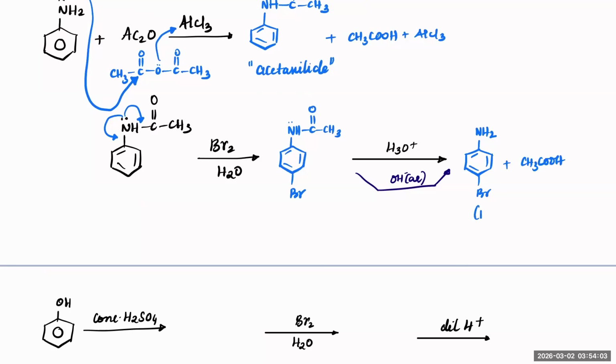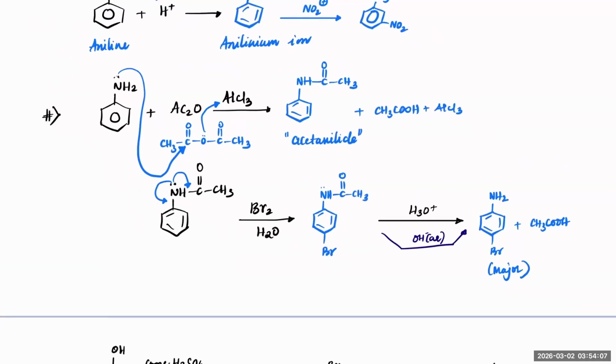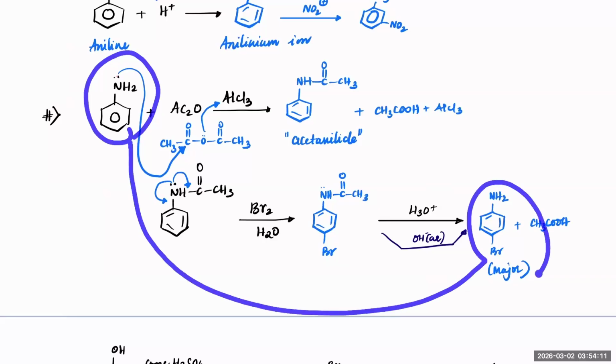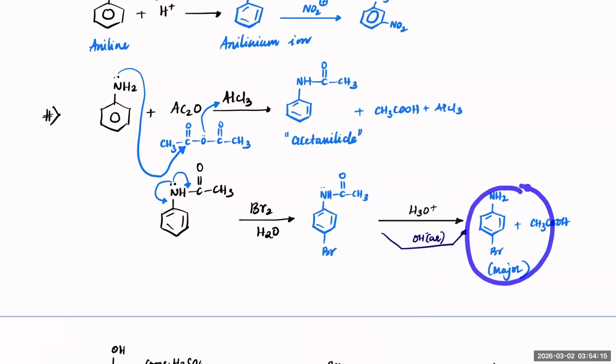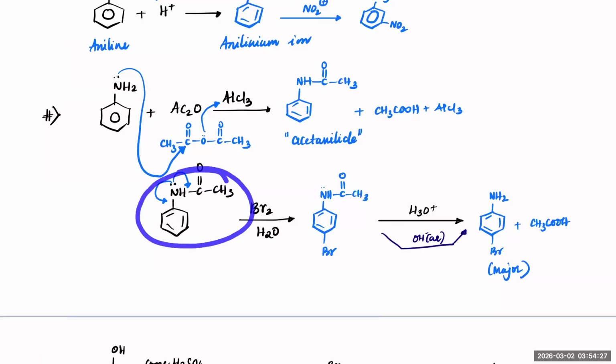So you can see this is the major product. Clear? So this is one way if you want to get aniline to only this product, which was not possible earlier, correct? Because this was not possible due to bromine water attaching at all the positions, 2, 4, 6. But in this case, we can see it will go to the para position. Clear?